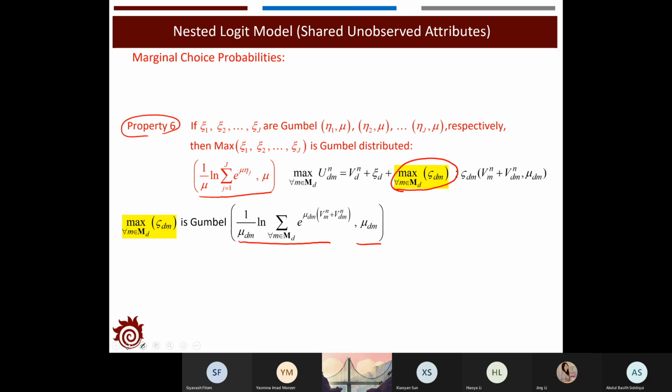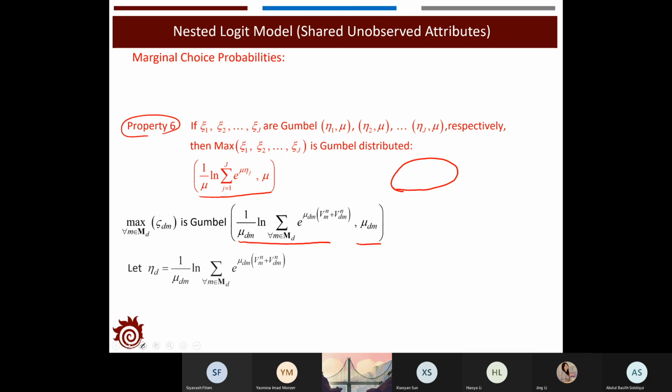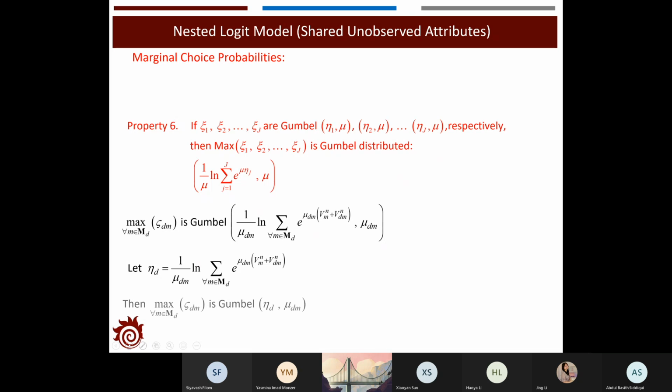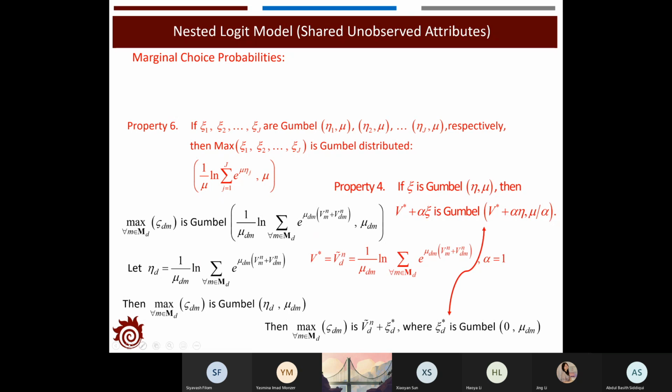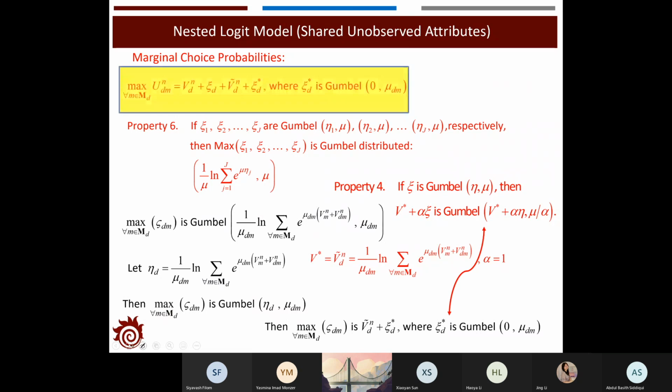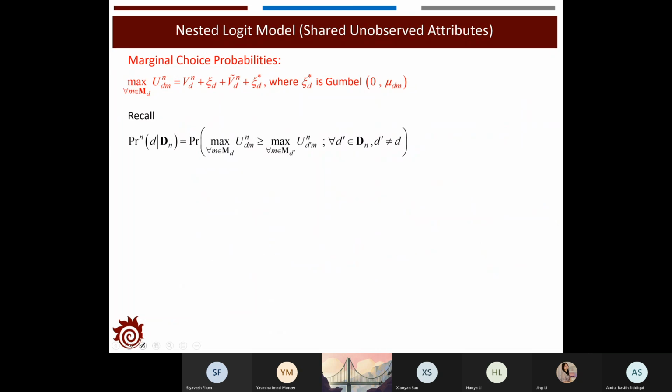After that, we're going to see what happens for the whole utility function. For the whole utility function, we will recall property 4 again, and I'll jump to the final conclusion.